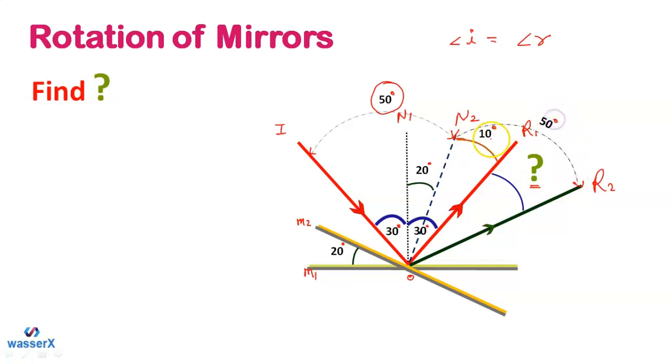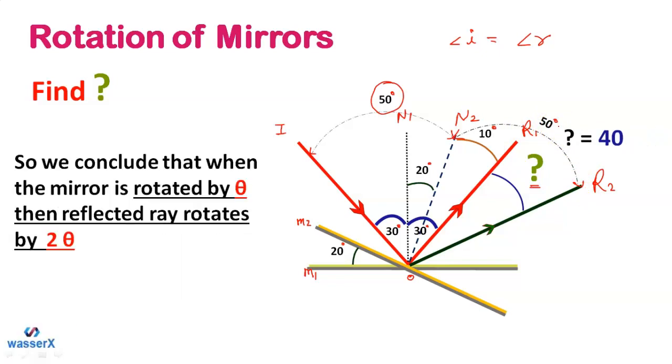And this is already 10 degree. When this is 10 degree and the whole is 50 degree, that is the angle between N2 and R2, right? So you can easily find out the angle between R1 and R2, which will be equal to 50 degree minus 10 degree, and that will give you 40 degree.